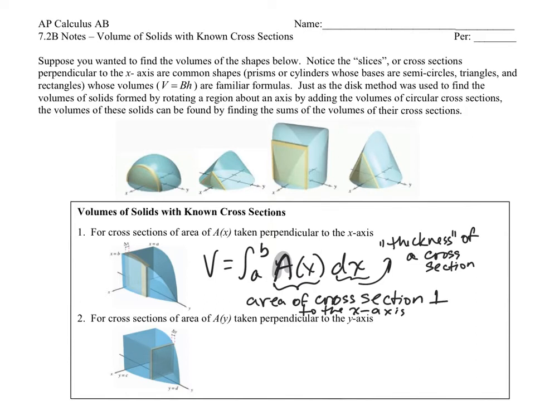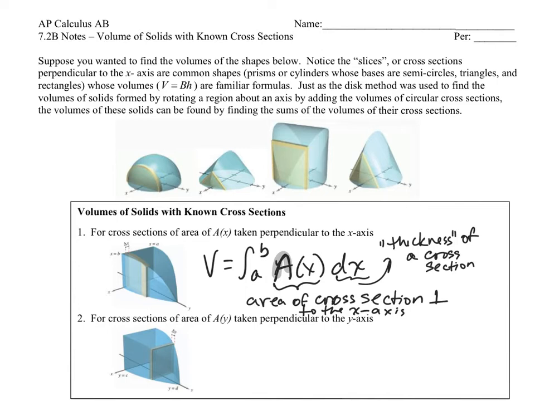Now if we have a solid where the cross-sections have area A of y, these cross-sections are taken perpendicular to the y-axis. Again, if you look at the picture, here's your x-axis and here's your y-axis, so you can see how these cross-sections are perpendicular to the y-axis.